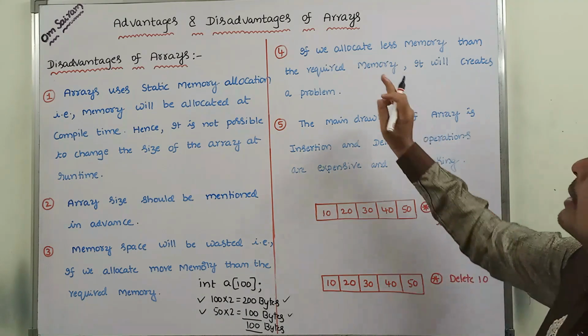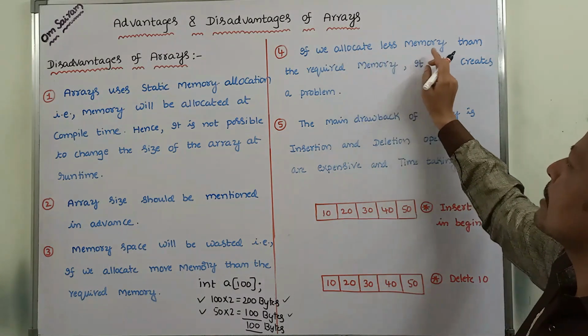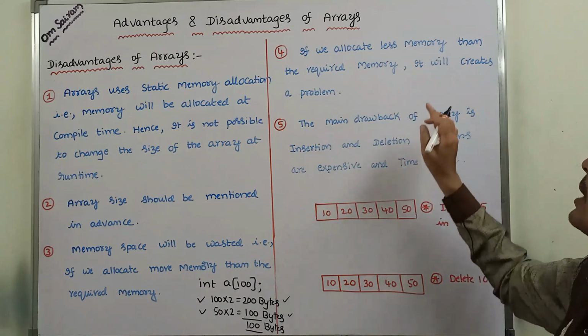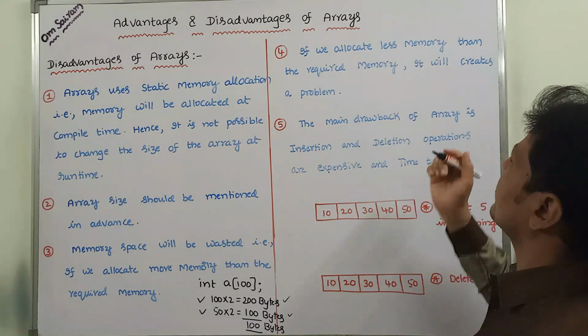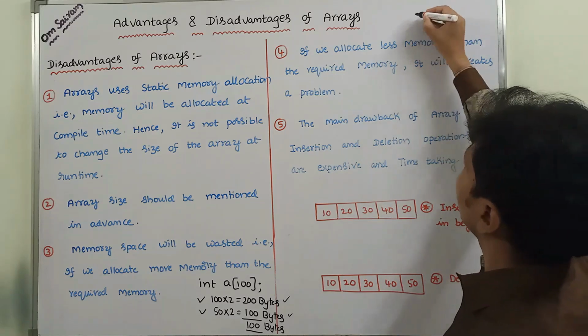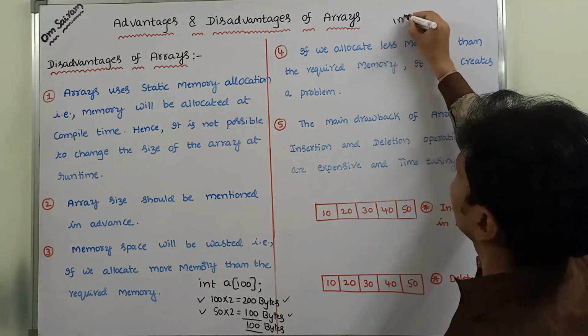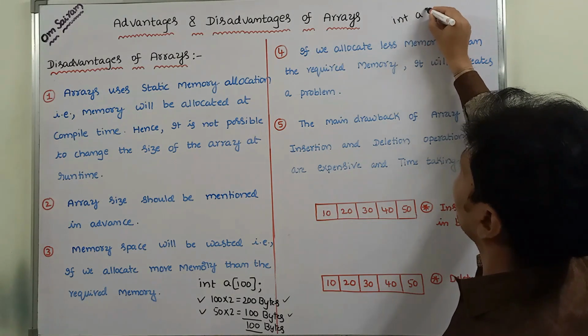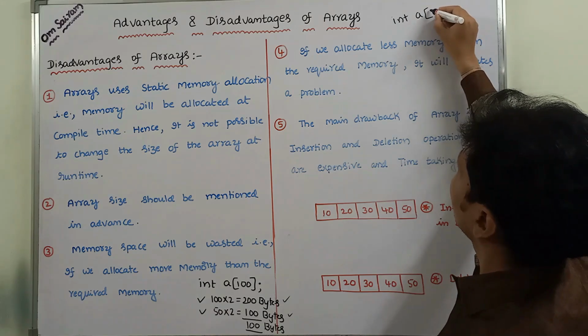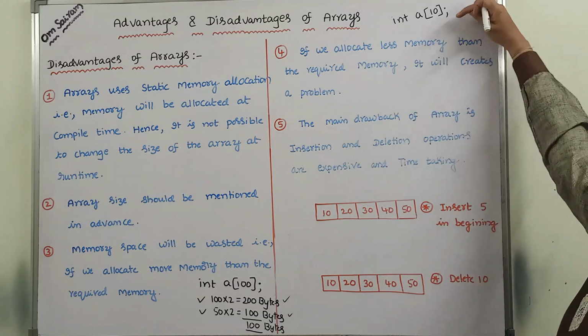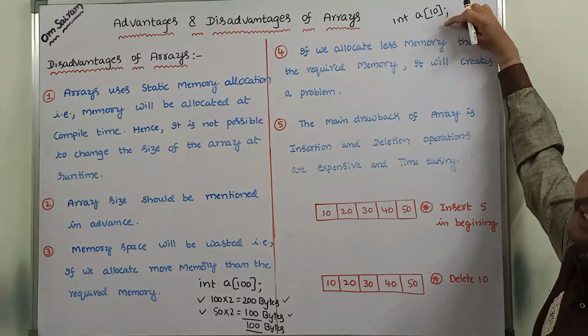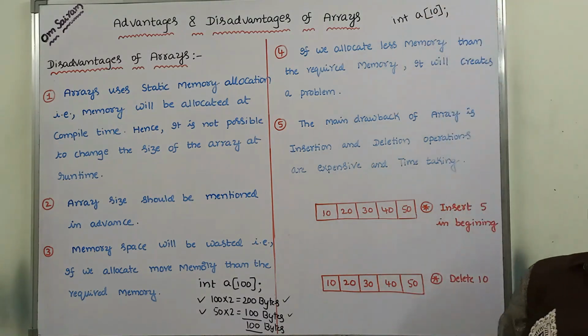Next, fourth point, if we allocate less memory than the required memory, it will create a problem. For example, int a of 10. That means we have to store 10 elements in that integer array.